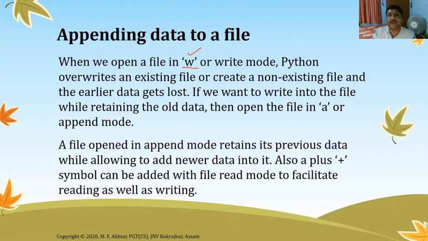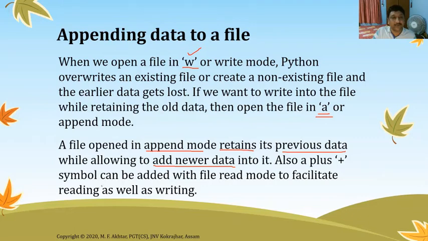If we want to write into the file while retaining the old data, if we want to keep the old data and add some more data in that file, then there is only one option: we have to open the file in append mode, A mode. A file opened in append mode retains its previous data, the previous data will not be lost, while also allowing us to add newer data into the file.